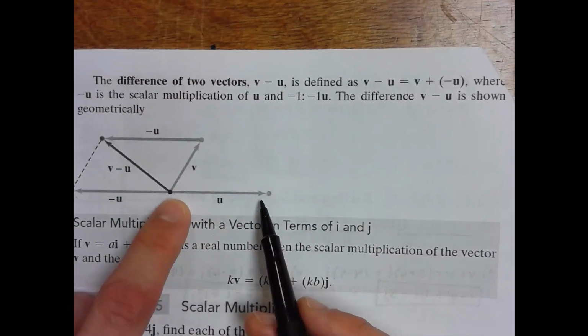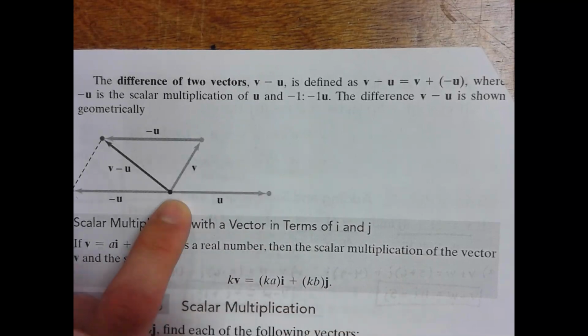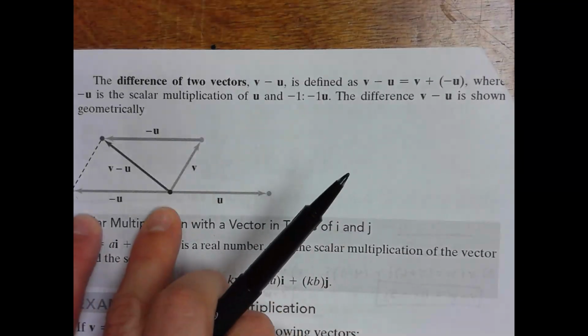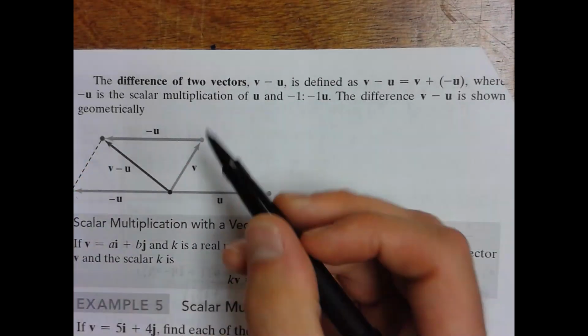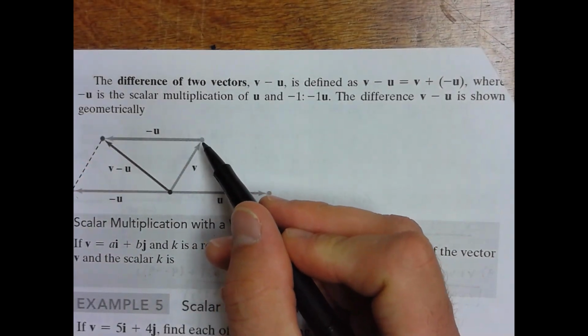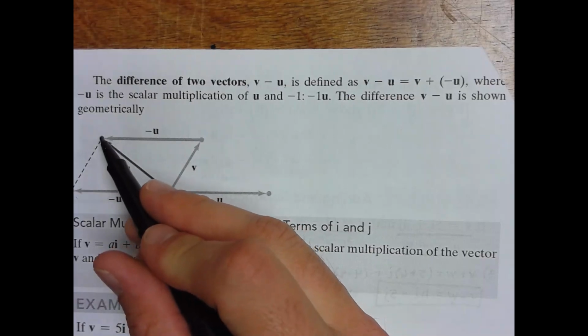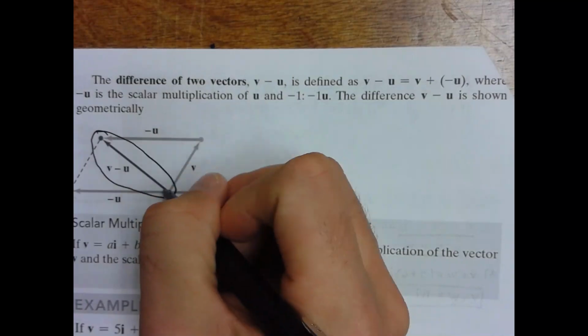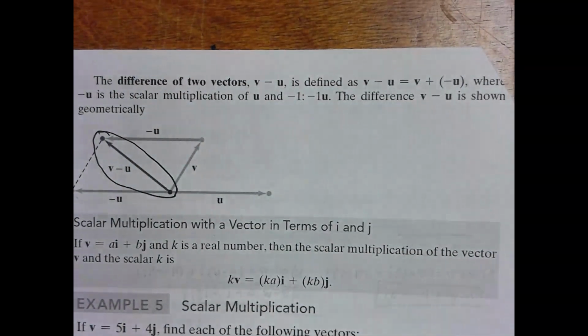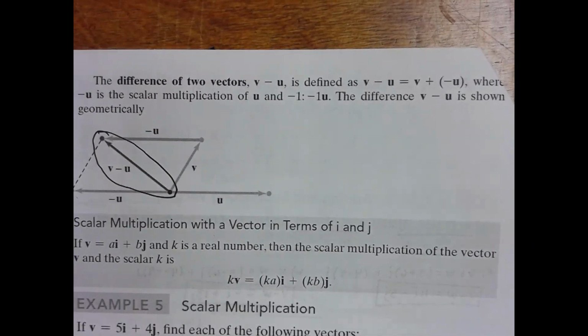So vector u, if we want to make that negative u, it just changes the direction. So now it's going in the opposite direction. And then we'll take this negative u and position it so that the initial point is at the end of the first vector. And then we have our new endpoint here. And the new vector, again, goes from our start point to the new end. Okay, so they always work out to be a triangle. But again, nothing that we need to know. Just wanted to provide that context for those of you that might end up seeing more vector stuff in the near future.